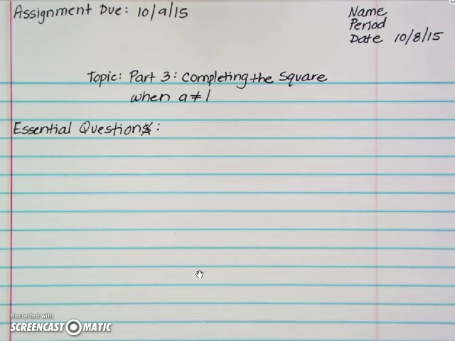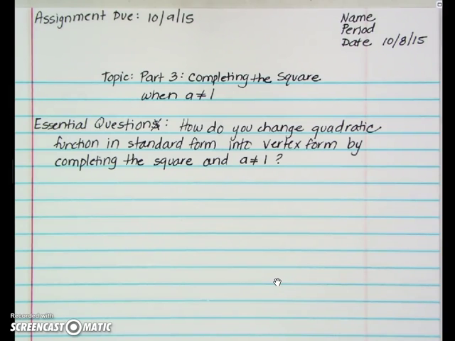The essential question that you want to find out is, how do we change from standard form to vertex form by completing the square when a is not equal to 1? Okay, so the essential question, how do you change a quadratic function in standard form into vertex form by completing the square?